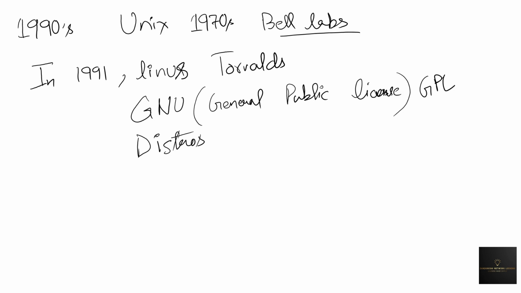Now, you should be familiar with a few of the basic concepts and terminologies of Linux. The first thing you need to understand is the kernel. This kernel is the core component of the Linux operating system, and it manages hardware resources and provides essential services to applications.